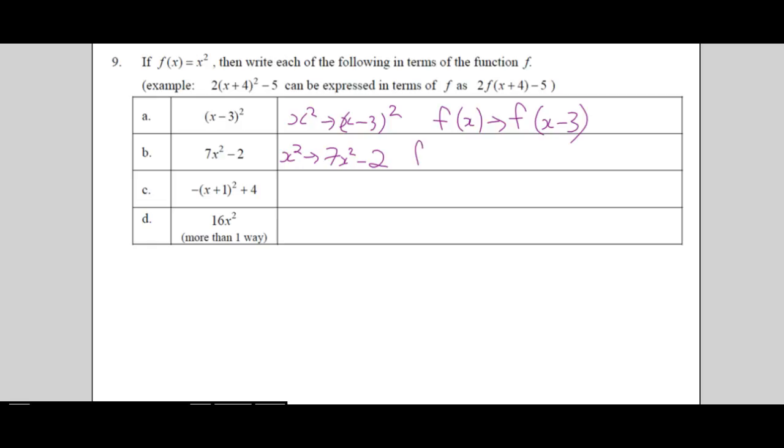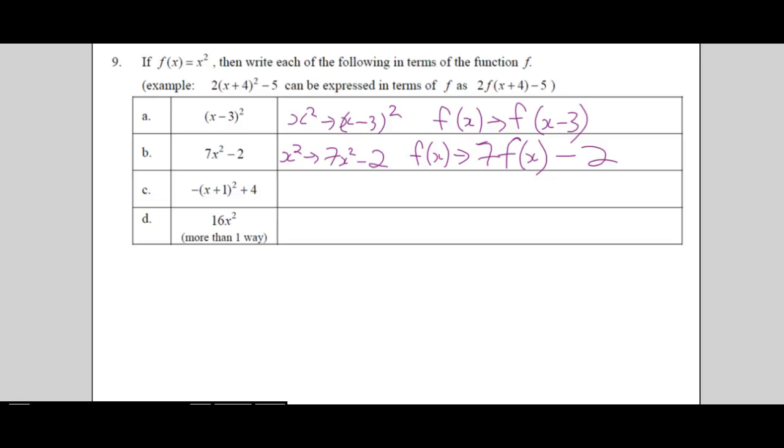So my f of x is going to become what? 7 f of x. What's 7 f of x? 7x squared. What else do I need? Minus 2. Okay, try the next one.